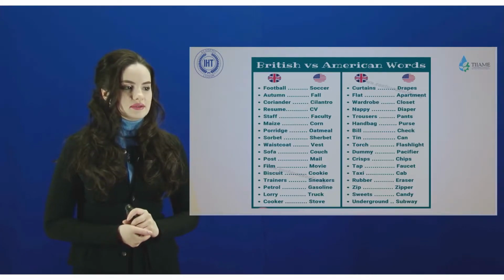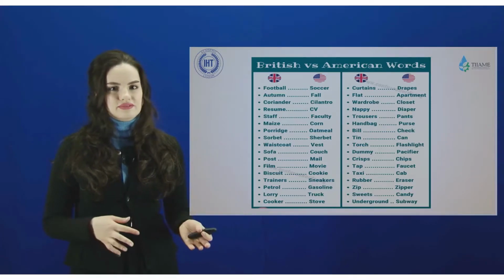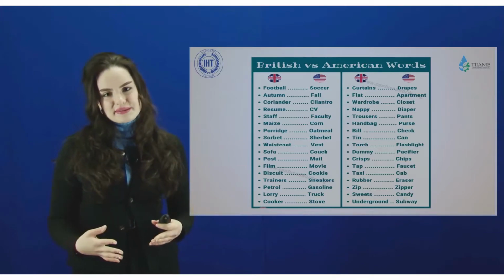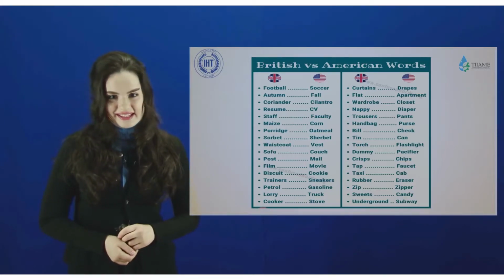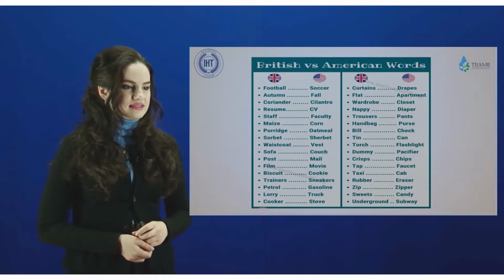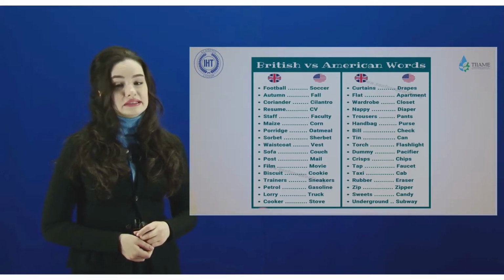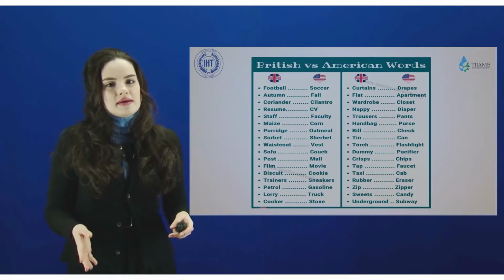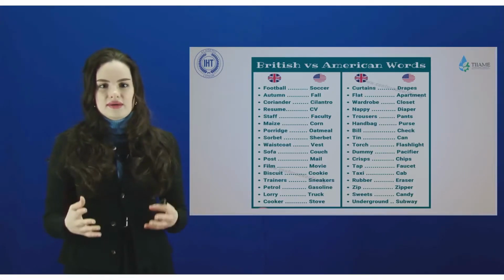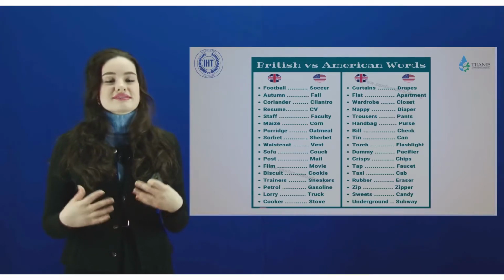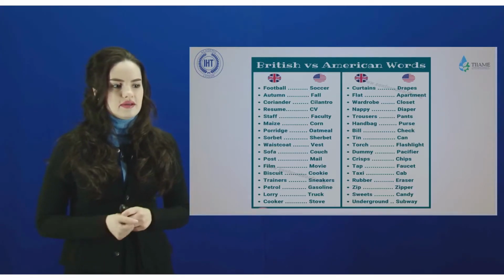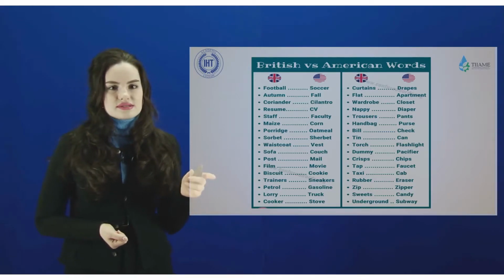And also autumn and fall, the simplest examples that we study even in early classes at school. After that, staff and faculty, the same branches where you may study, which you may choose, like your future profession for your future studying, absolutely the same things. Or cooker and stove.